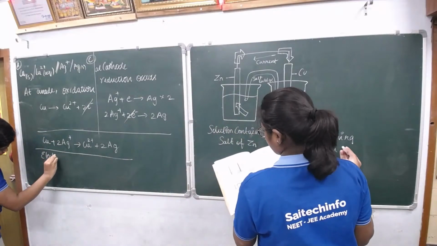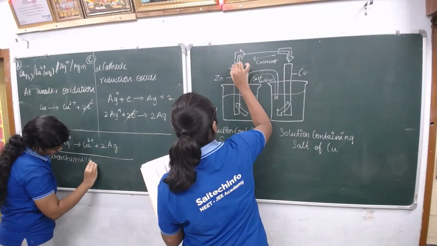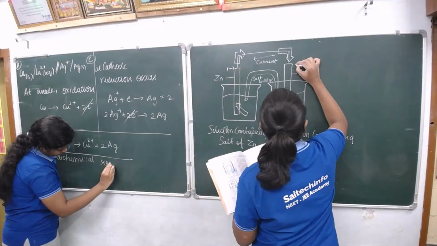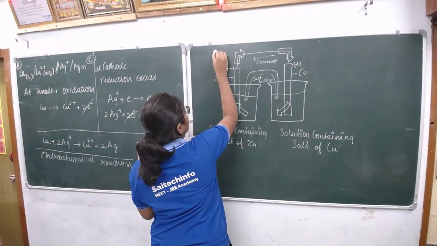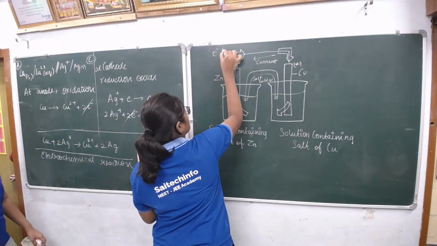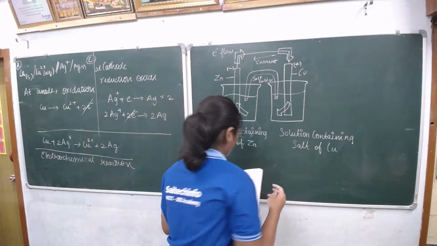Now we want to find out the equilibrium constant for this. What is the equilibrium constant, K? It is the ratio of the product of the active masses of the products divided by the product of the active masses of the reactants. Here active mass is concentration.